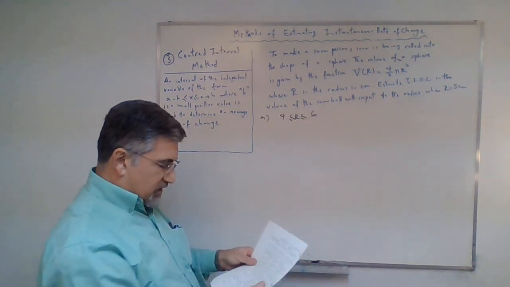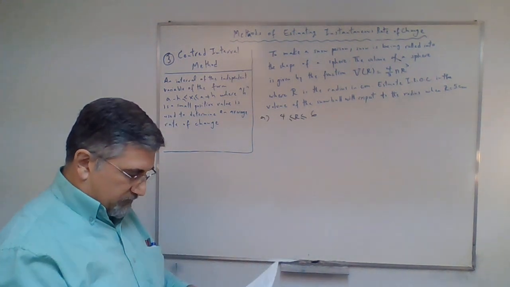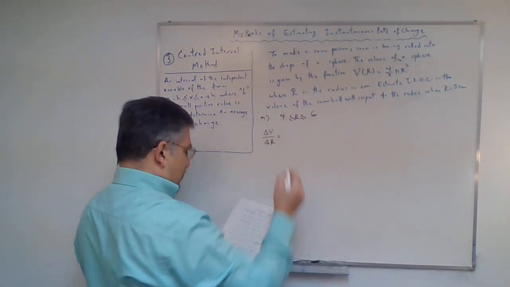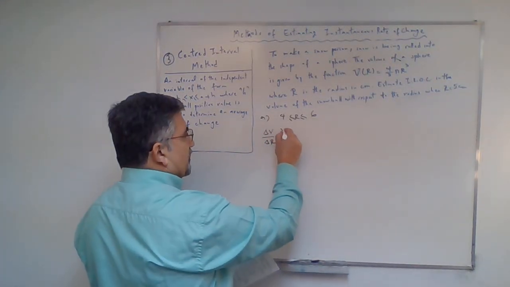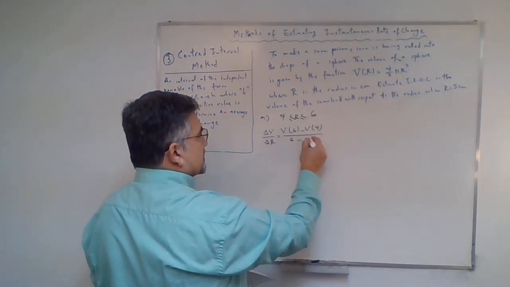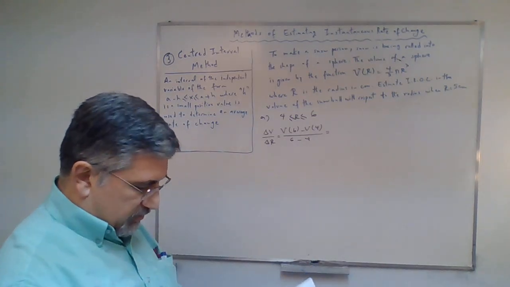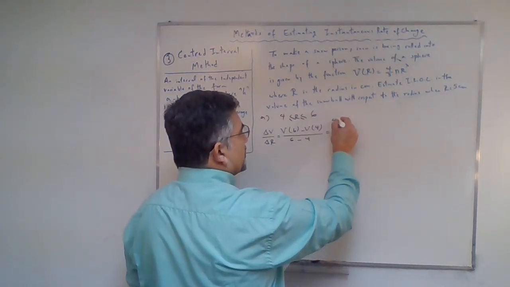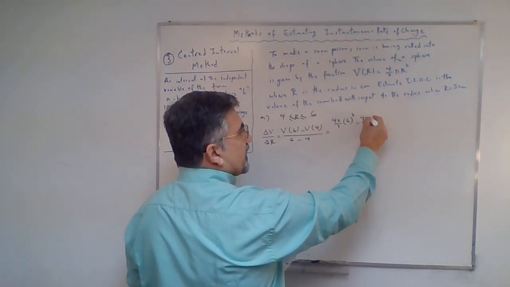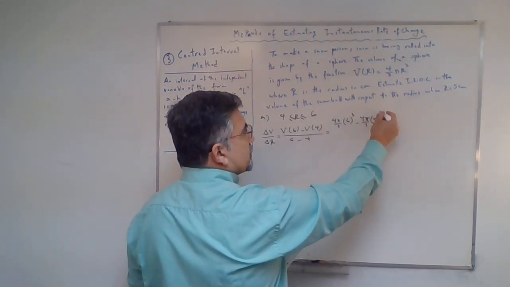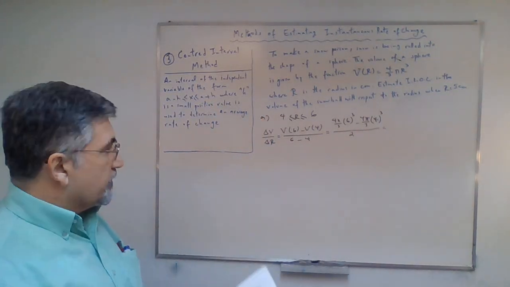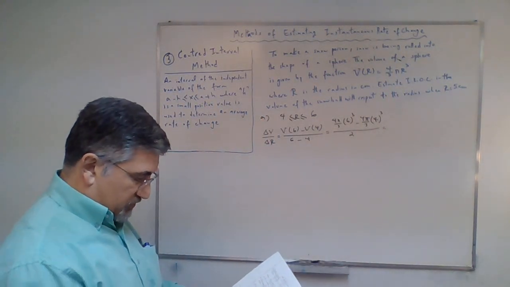So I'm selecting an interval like this, and then I'm going to calculate delta V over delta r, which is the volume at 6 minus the volume at 4, divided by 6 minus 4. I can plug in: 4 pi over 3 times 6 cubed minus 4 pi over 3 times 4 cubed, divided by 2, is the average rate of change.